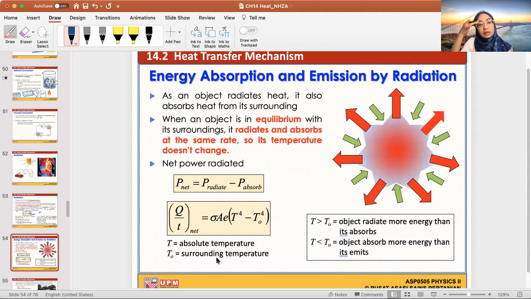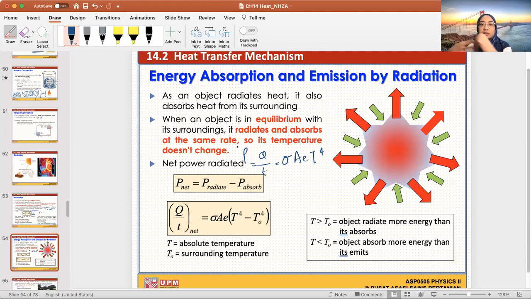Okay, as an object radiates heat, it also absorbs heat from the surrounding. I know this is a weird concept to grasp, but bear with me. As an object radiates heat, earlier he said Q over t, right? Q over t, sigma A e T to the 4. And this is the power that it radiates.